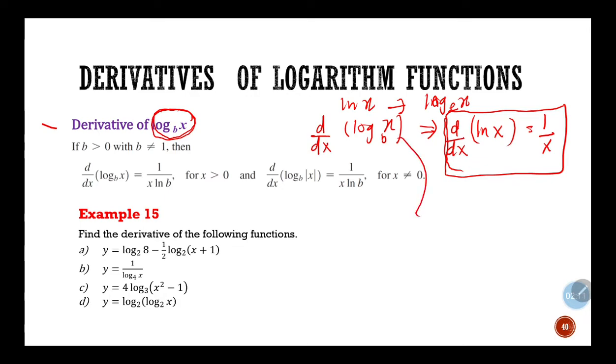What you have to do for this one is change the base.